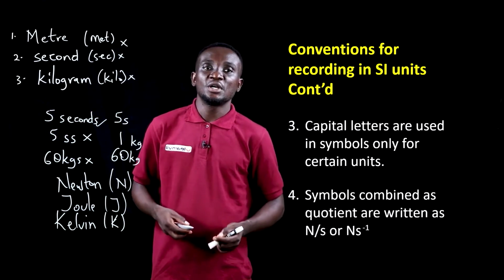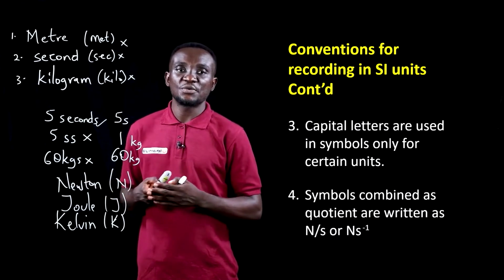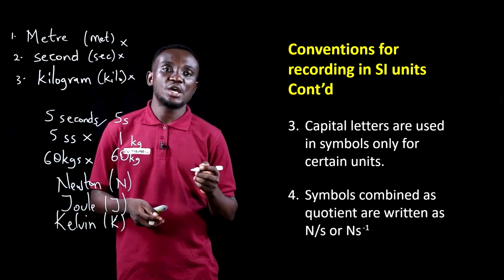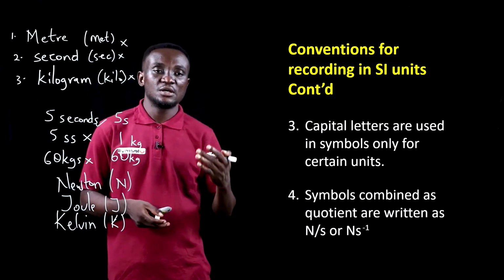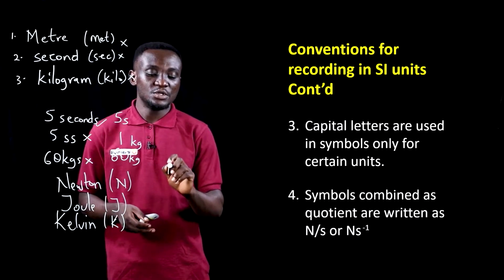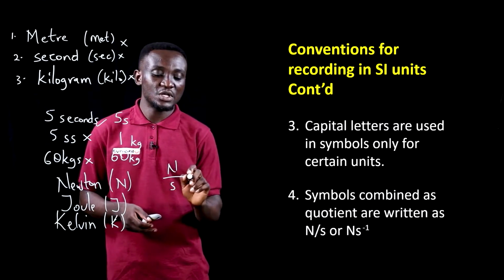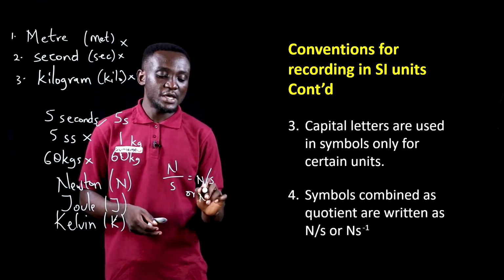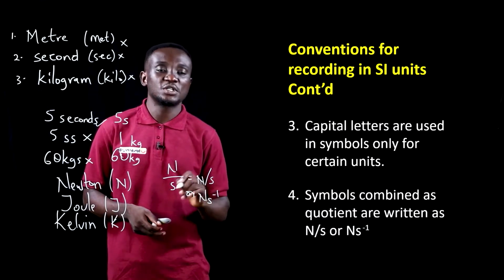Good. Now the symbols combined as quotients are written as such. If you're writing a quotient where we divide the numerator by the denominator, like Newton on top and second below, then the final answer is N/s or N s raised to the power -1.